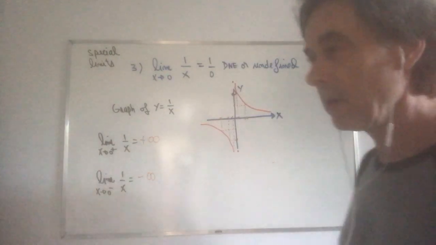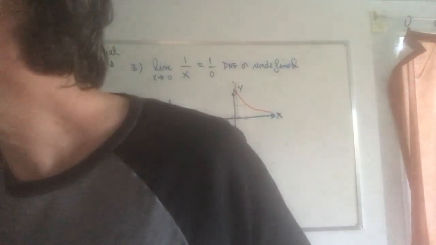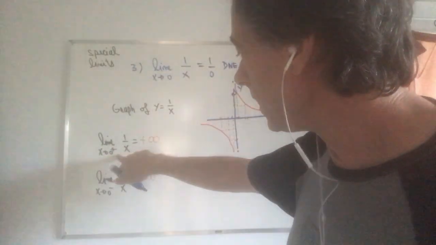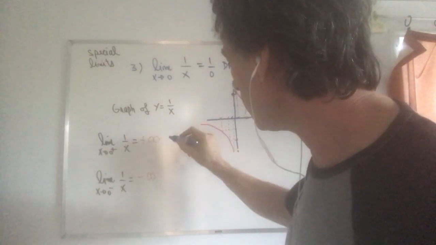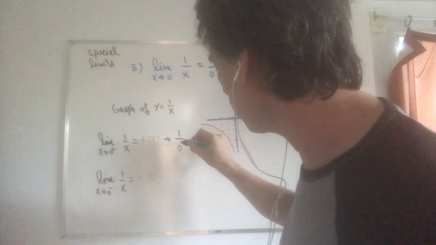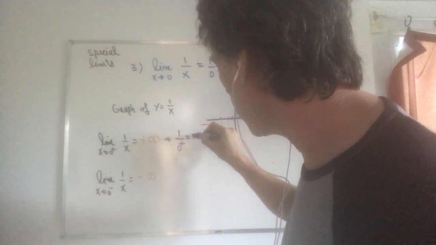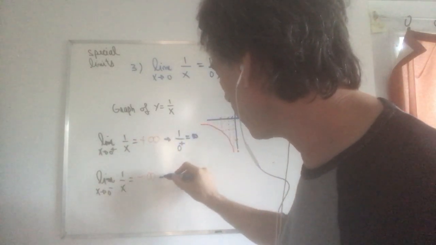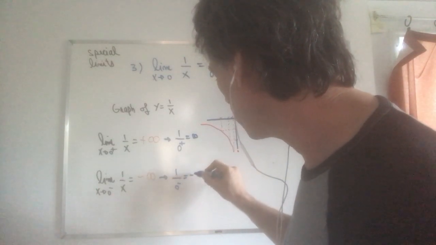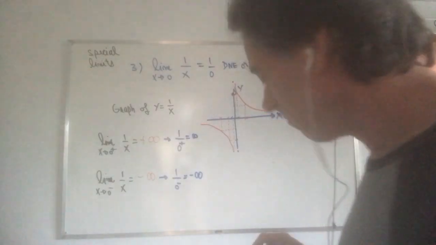Now, why am I showing you this? Because here, basically, if I did a cheat, I would actually get 1 over 0 plus, and that would be infinity. And here, if I did a cheat, I would actually get 1 over 0 minus, and I get minus infinity.